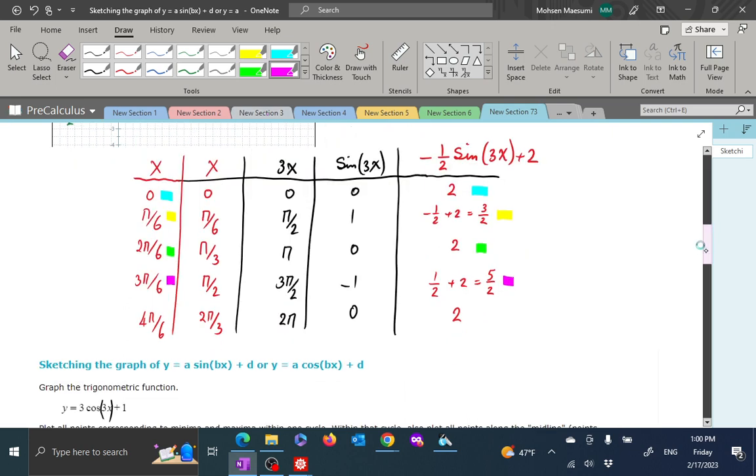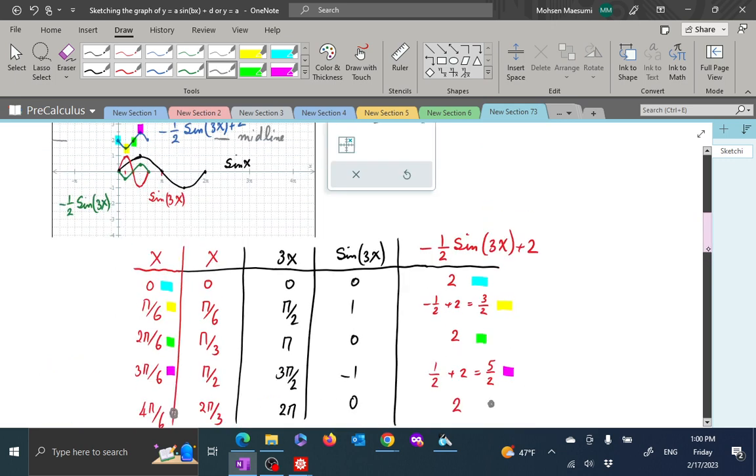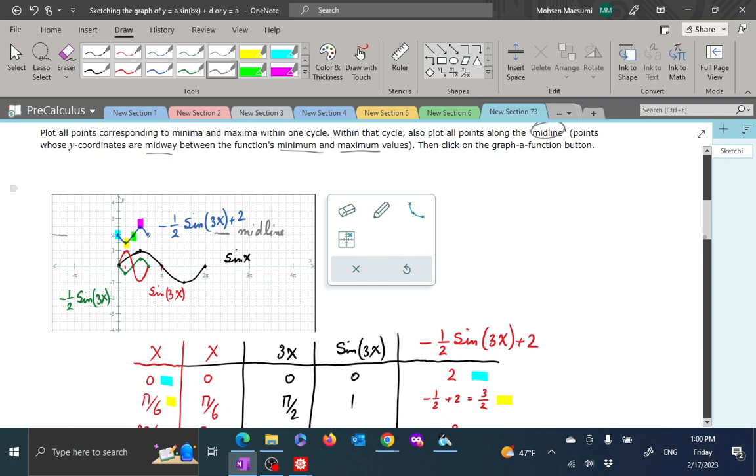And 4 pi/6 and 2, let's color it like this, and that is our final point here. So if you want to do point tracking, or if you want to talk about movements, either way you get the answer.